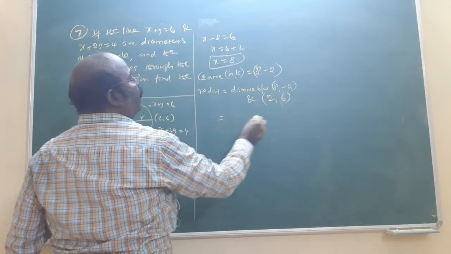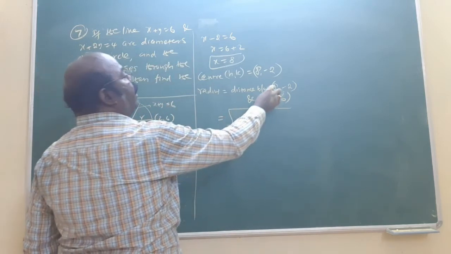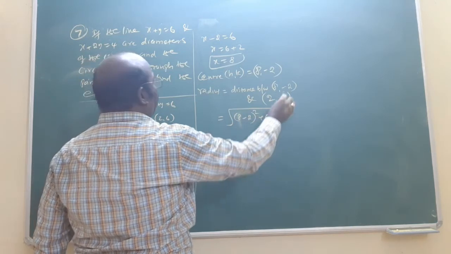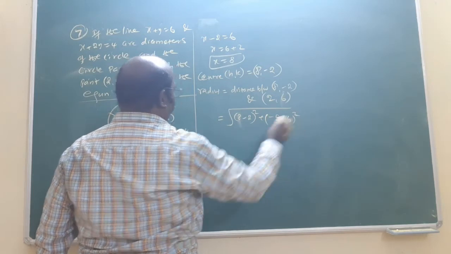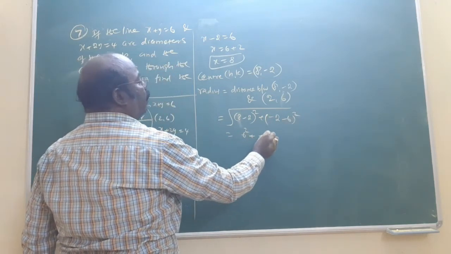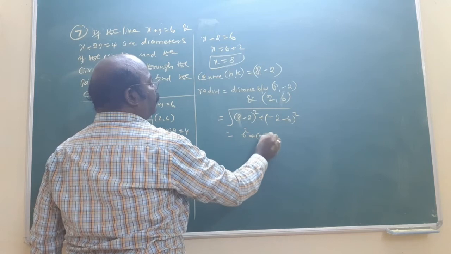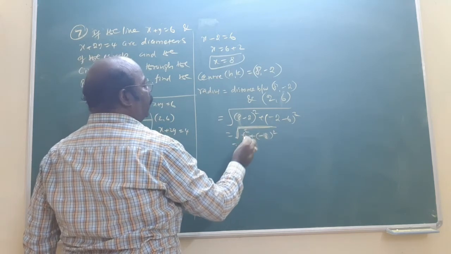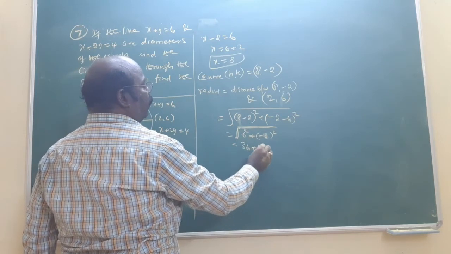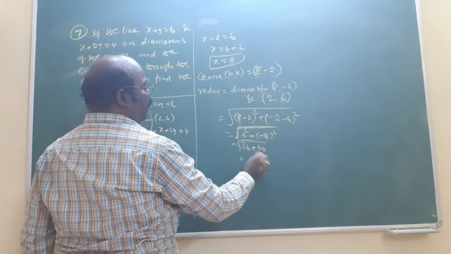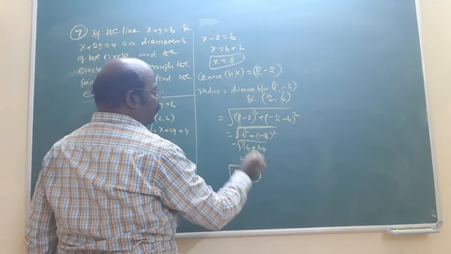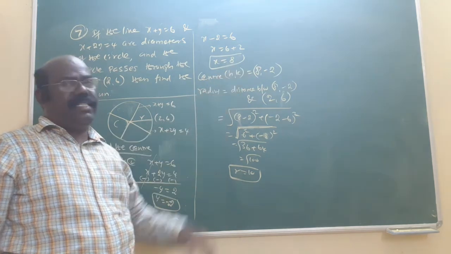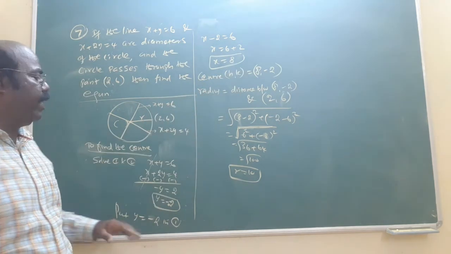What is the formula? 8 minus 2 whole square plus minus 2 minus 6 whole square, that is 6 square plus 8 whole square. 6 square is 36 plus 64, that is 100. That is 10, and this is r. Anyway, solving the equations we get the center, and the distance between the 2 points gives the radius.